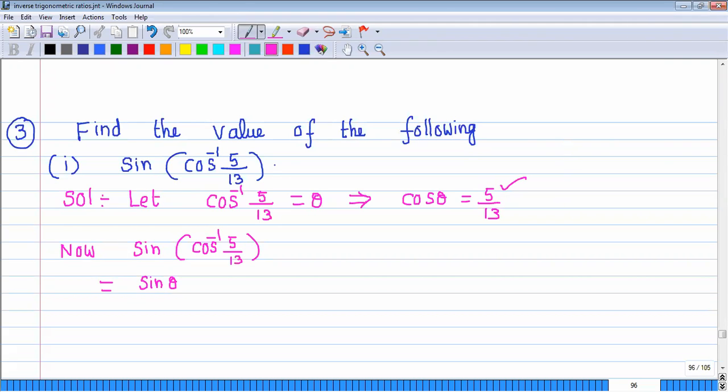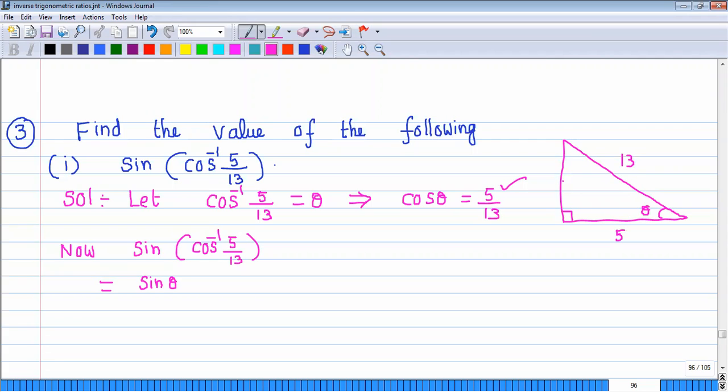Take the help of a right triangle. Say theta. As per the definition of cos theta, adjacent side 5, hypotenuse 13.